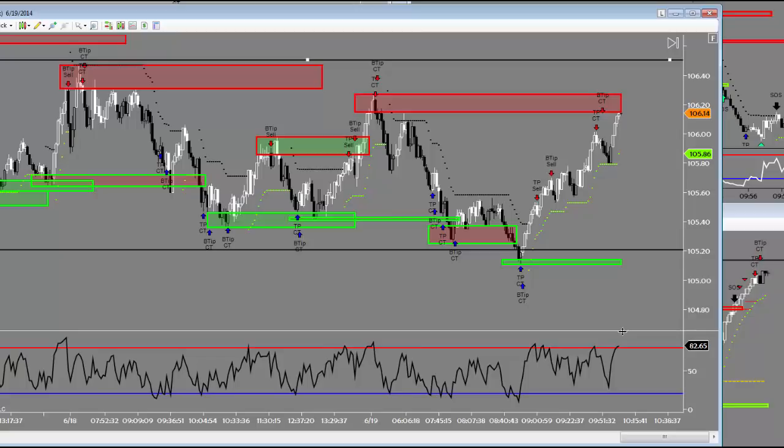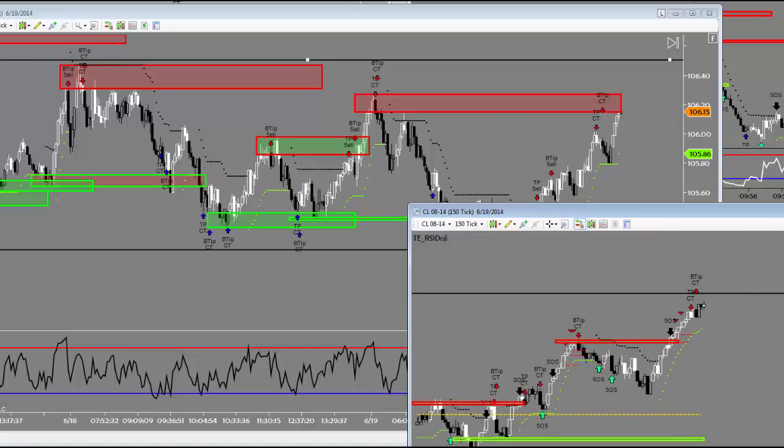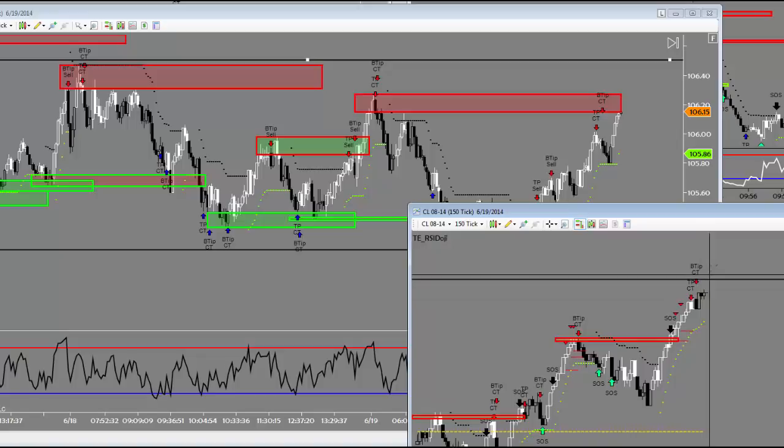All right, now at the same time, bottom right, I don't have a DSR level here on crude oil, but I can still watch for a turning point black tip and then basically an SOS 4 or 5 double top sell right there.